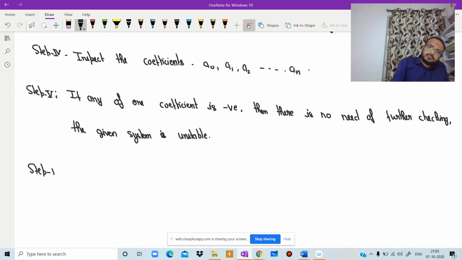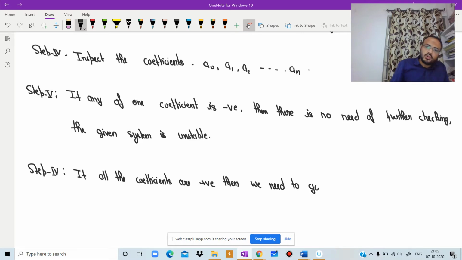Step 6. But if all the coefficients are positive, then we need to check further, or we need to go for further analysis.